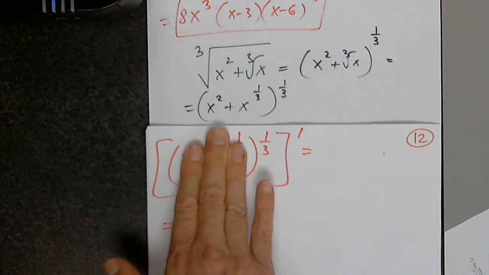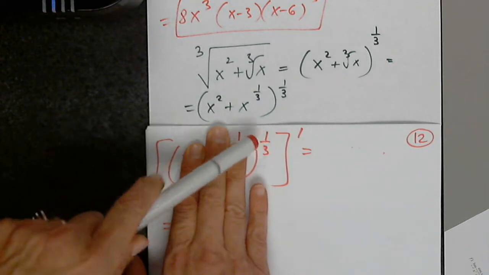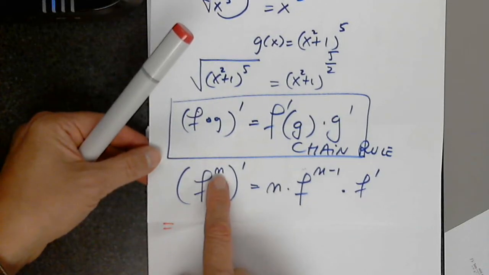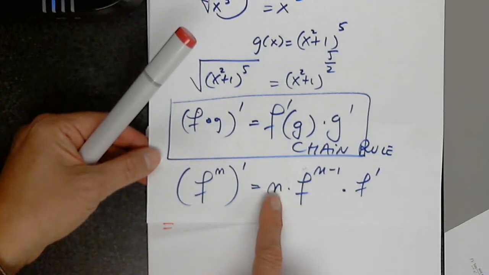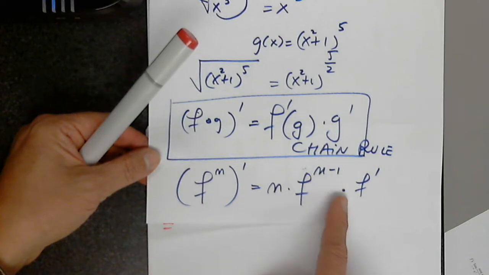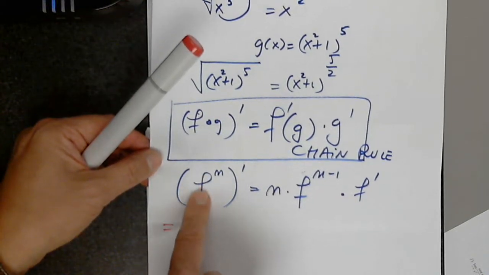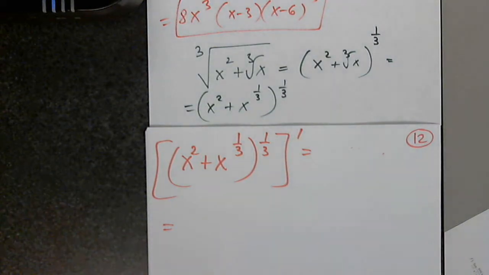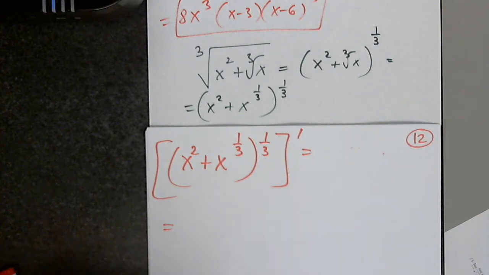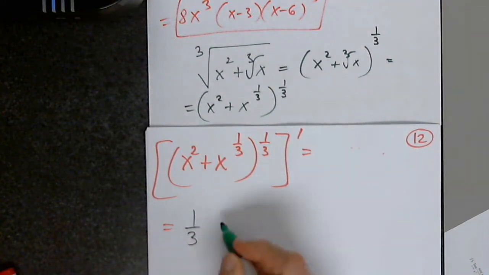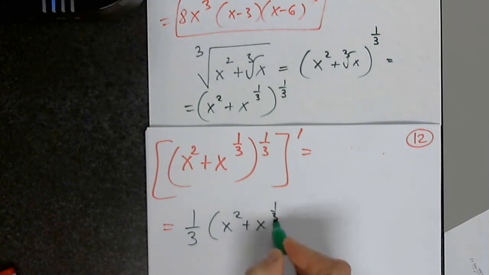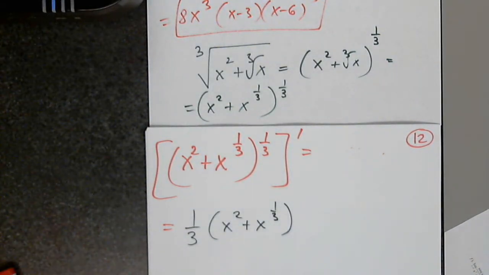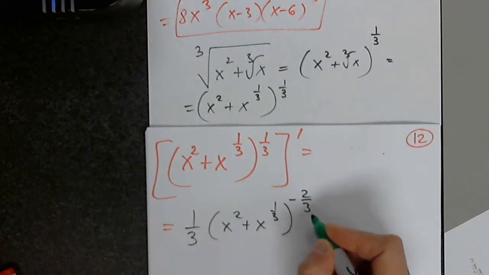So remember, I have a function raised to a power. I'm coming back to the power rule combined with the chain rule. A function raised to a power is n times the function to n minus 1 times the inner function prime, this function prime. So what will I write first? Very good, excellent. And x squared plus x to 1/3 to which power? From 1/3 I subtract 1, so that has to be negative 2/3.